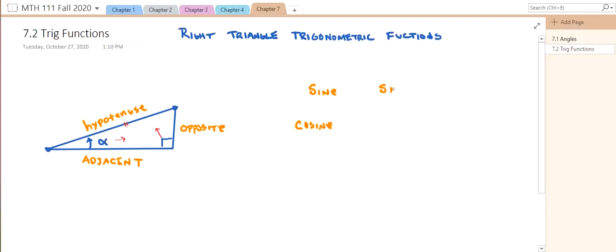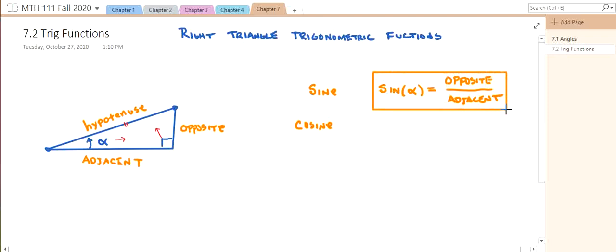So the sine of alpha equals, and the way this is defined is it's the length of the opposite side over the adjacent side. Opposite over adjacent. That's a good idea to memorize, actually, if you want to memorize another topic in mathematics.